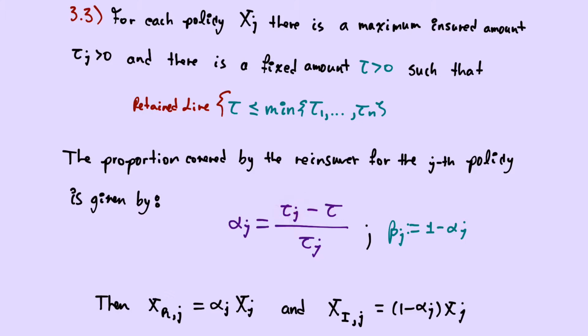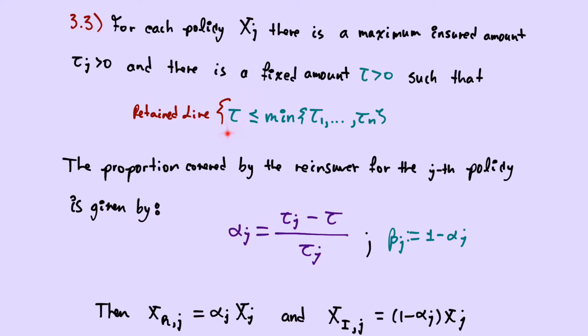That is the reason this value of tau has to be less or equal than all the tau_j's, because if not, this could be negative, and that would not make sense, because this has to be a proportion.